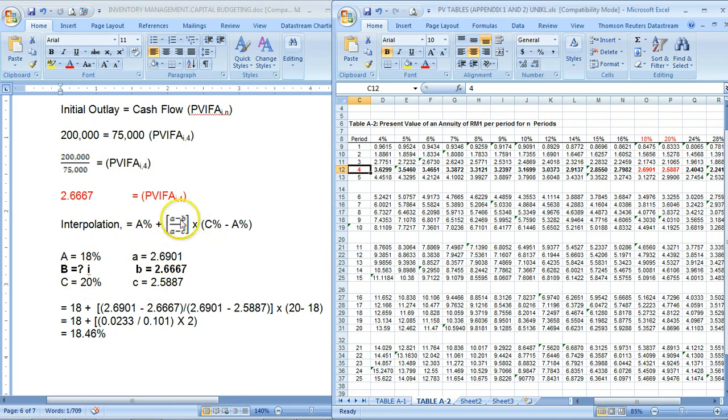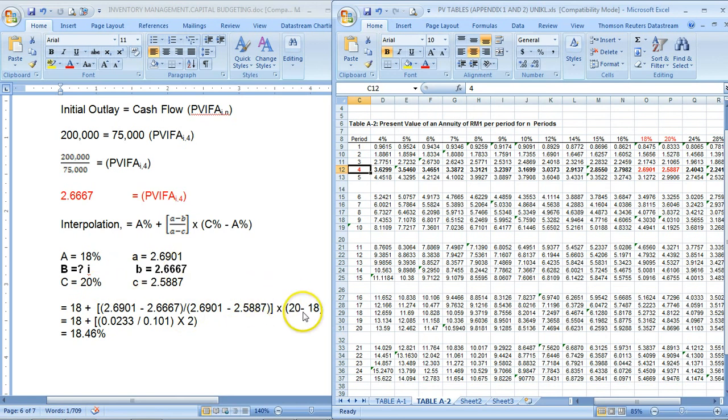Then you substitute into the formula. Remember, I want you to divide first: divide this by this, then divide by this minus this, then you get the answer. You multiply by this first, then you add your 18. There are mathematical rules. And remember, don't change it to 0.18. Maintain 18. You ignore the percentage.